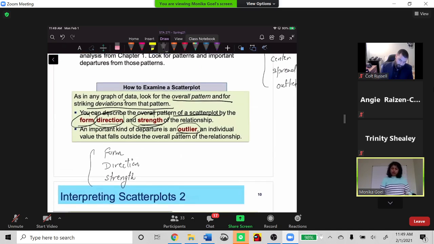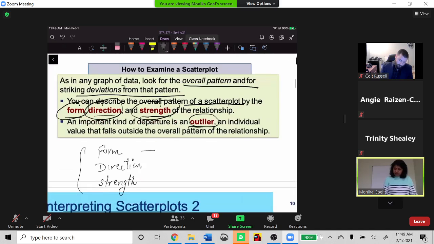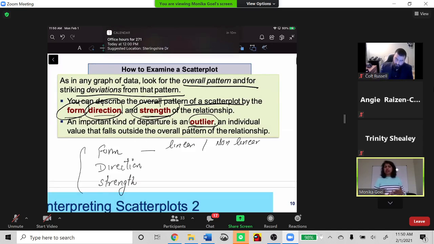So when we say form, the form can be either linear or non-linear. And remember, we talked about symmetric, non-symmetric shape. Now we are talking about form. What kind of form are we getting when we look at this scatter plot? Is it linear? When we say linear, that means is it making the form of a line or not?